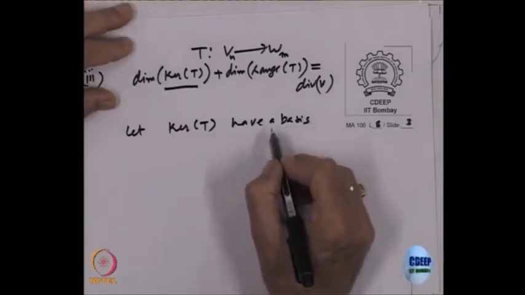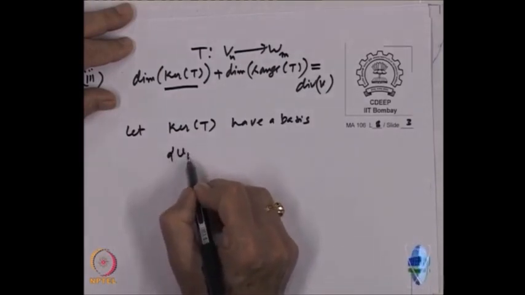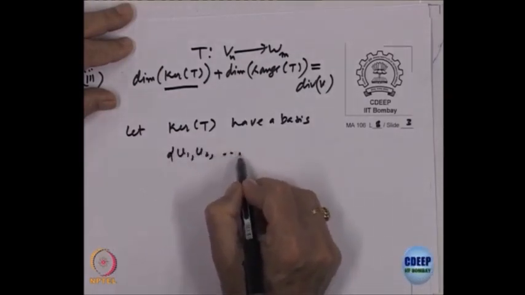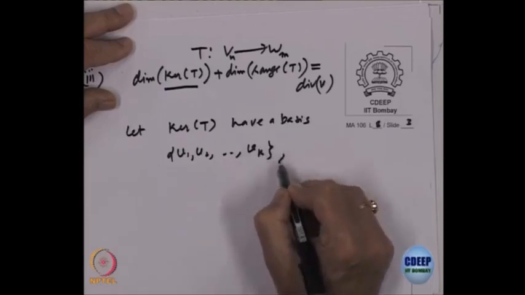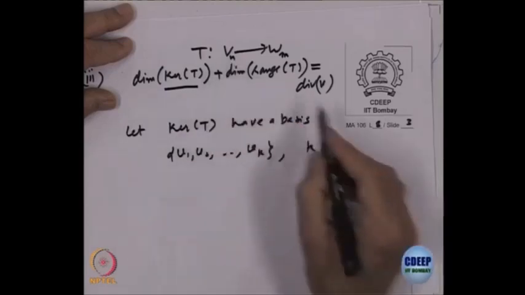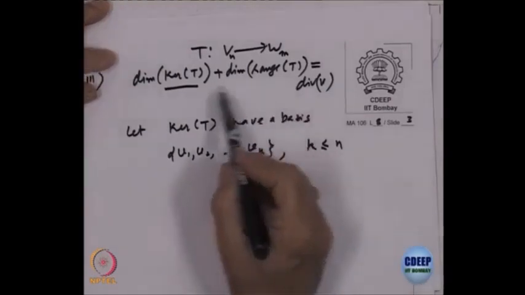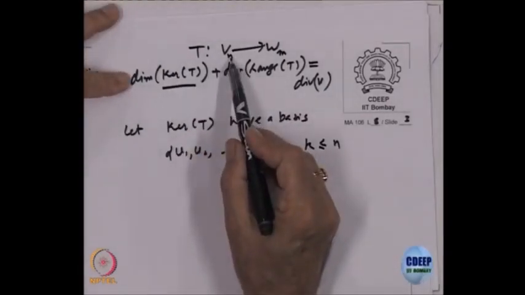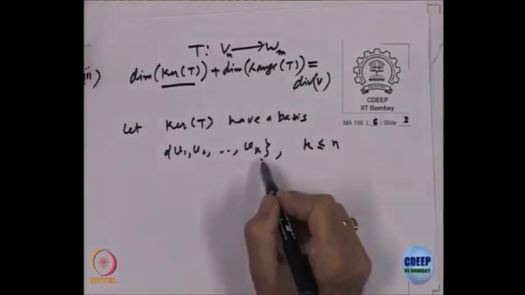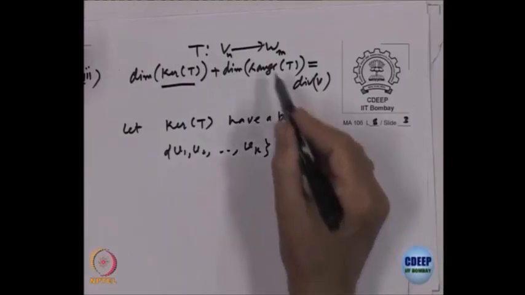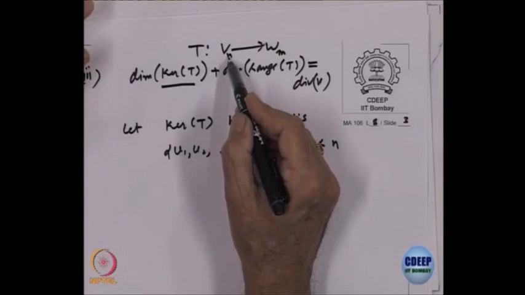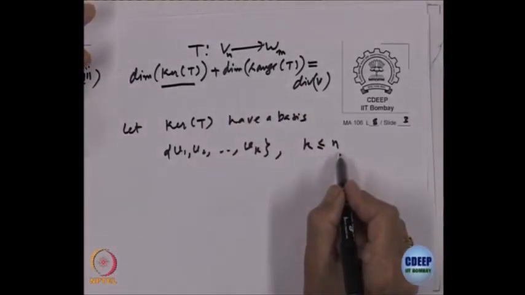So, let us call this basis V1, V2, up to Vk, k less than or equal to n. Is that okay? This kernel is a subspace of V, right. So, it will have some basis, let us say k elements are the basis, dimension is k, and this k will be less than or equal to the dimension of V, because it is a subset of V. So, k is less than or equal to n.